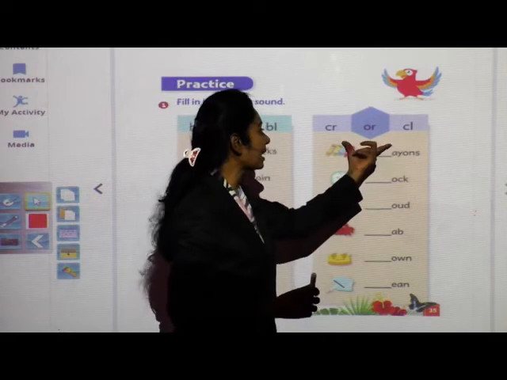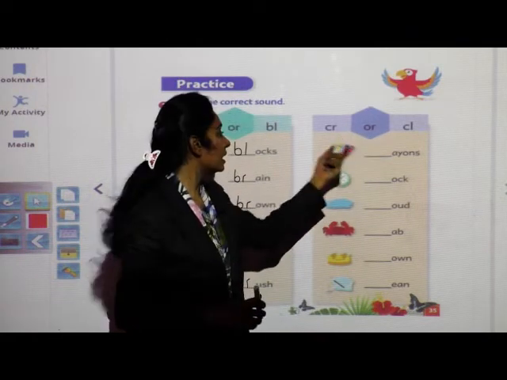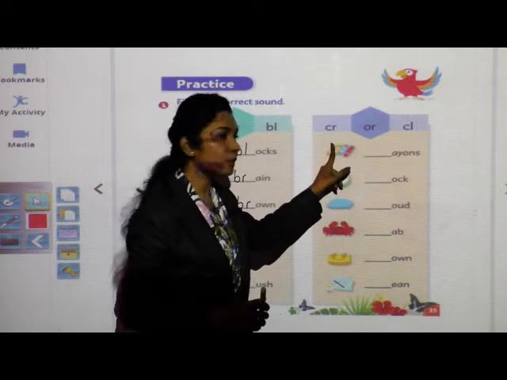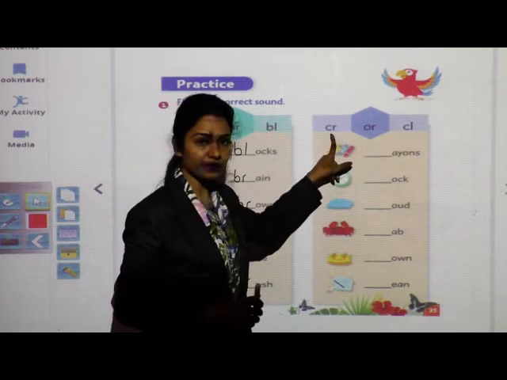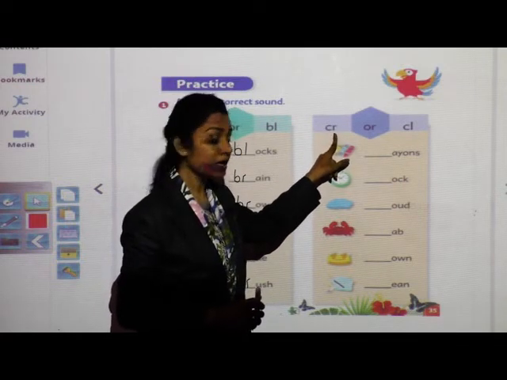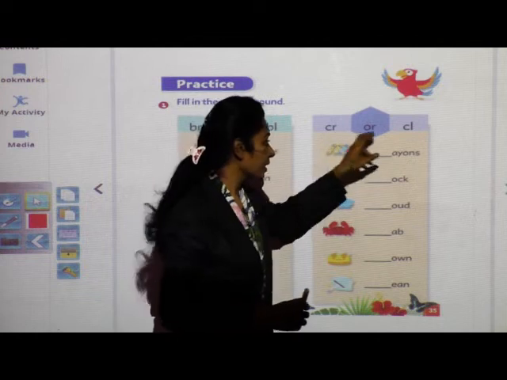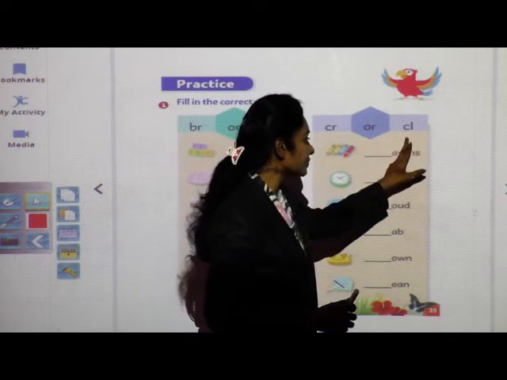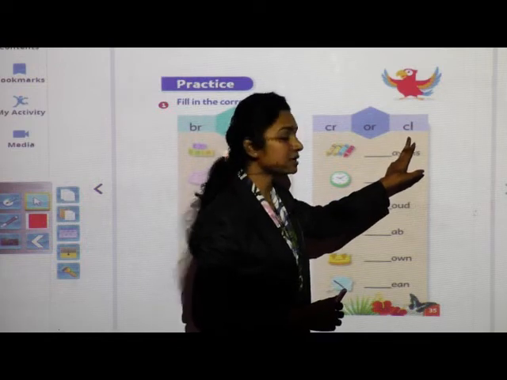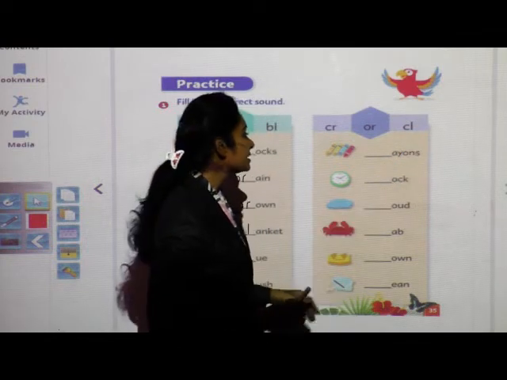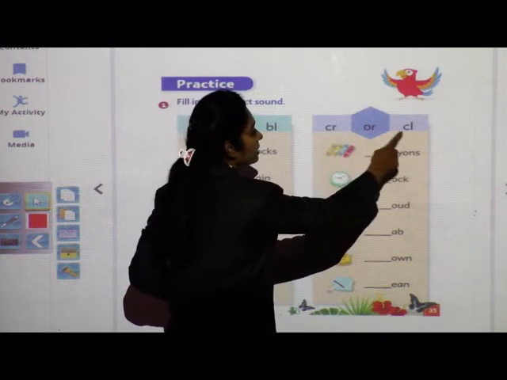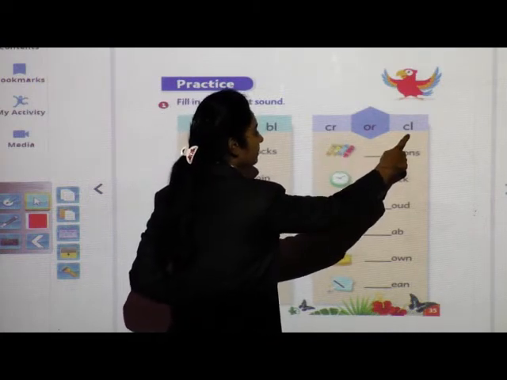Yes, now come to this side. Okay, now here again two options are there, cr or cl. Individually this is c-r and together cr. Next, individually this will be c-l and together cl. Okay, just repeat after me. CR, cr. CL, cl.